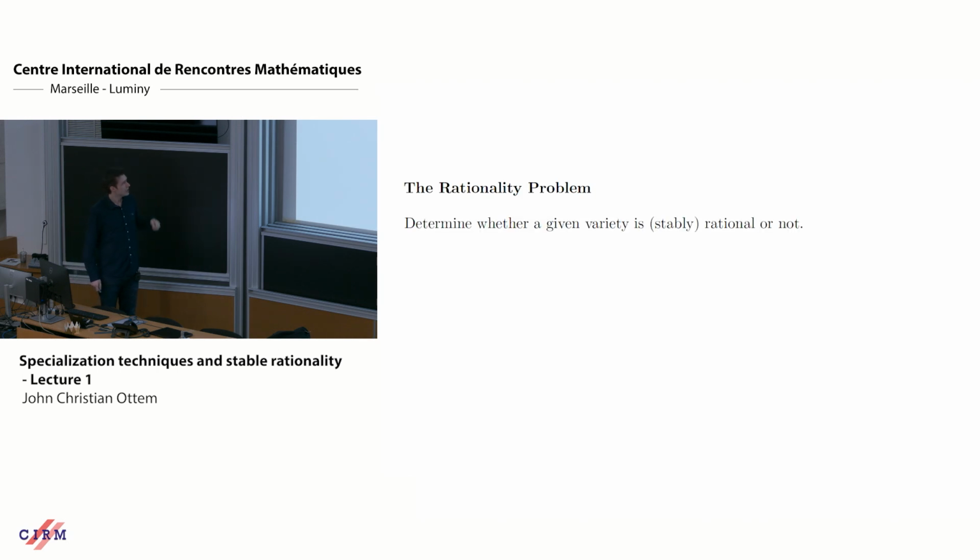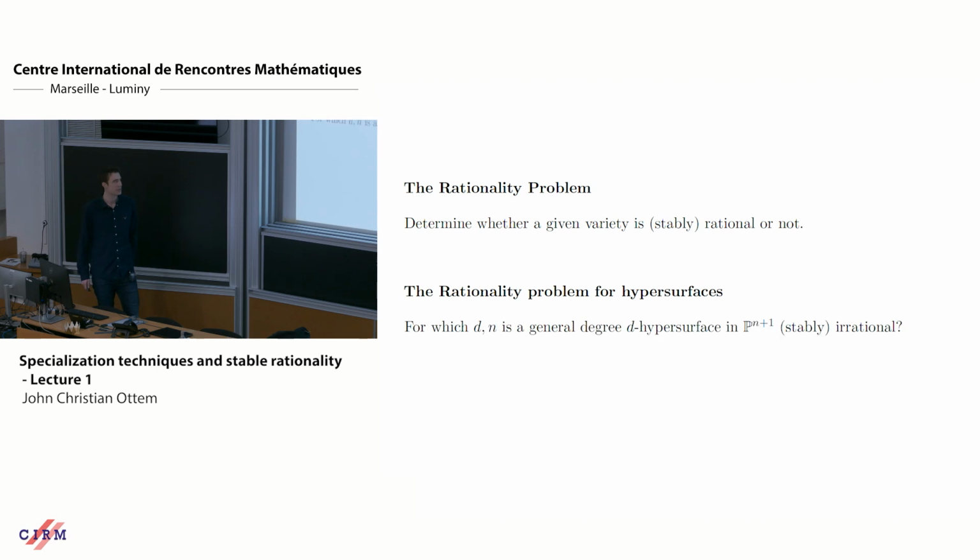Okay, and the rationality problem is just, if I hand you a variety, you should determine whether the variety is stably rational or not. And this is, of course, a very difficult and classical problem in algebraic geometry. And one very important case is the case of hypersurfaces.